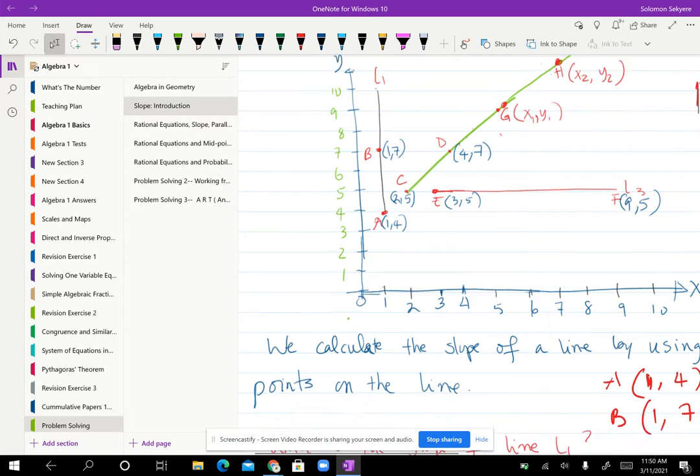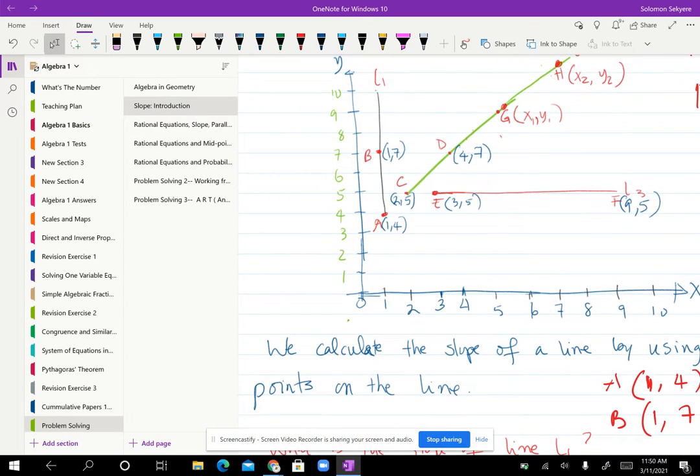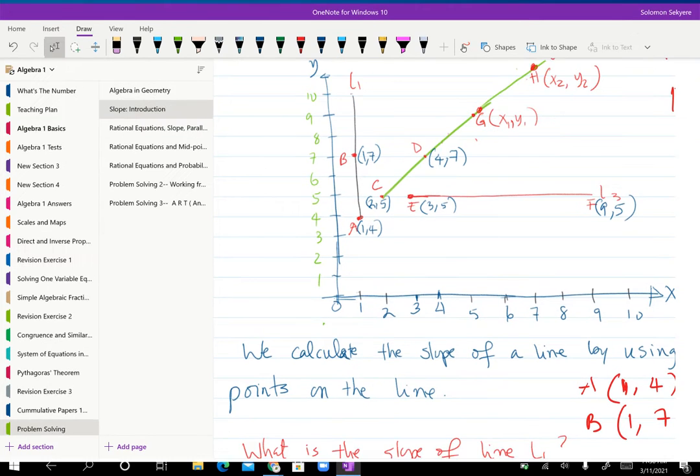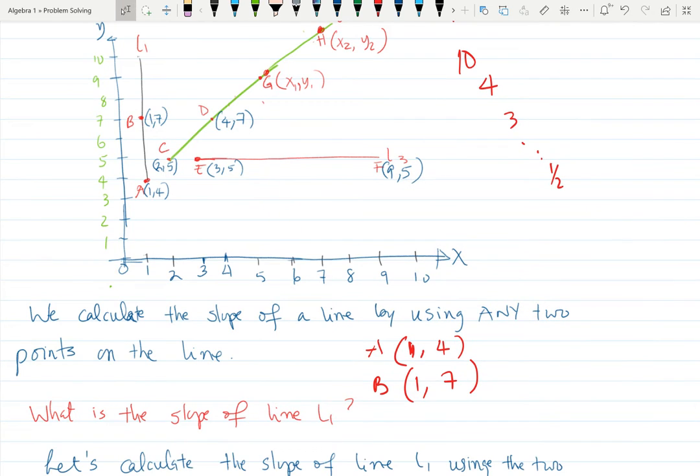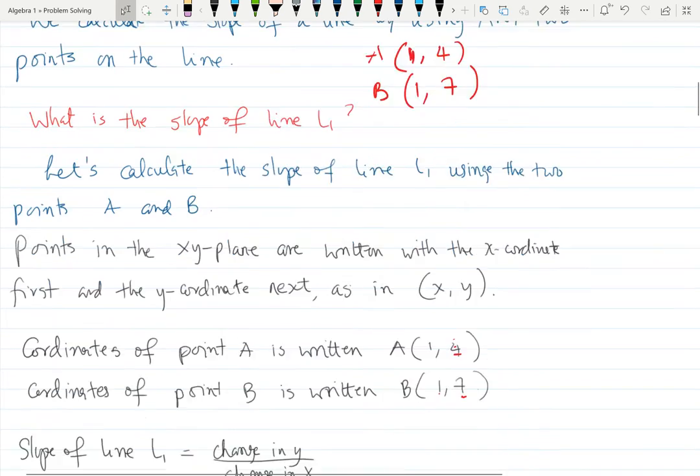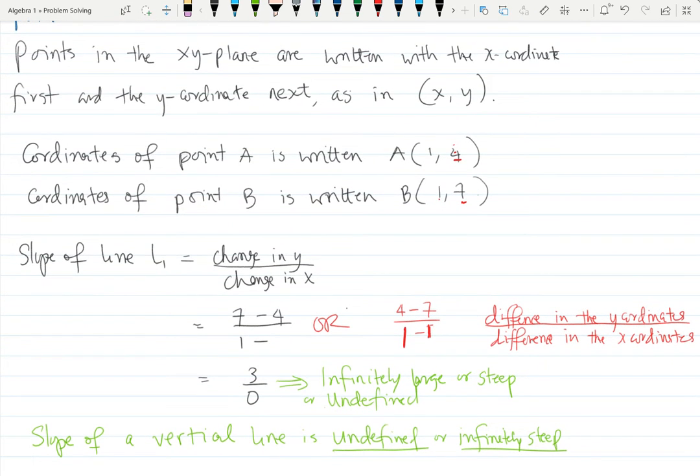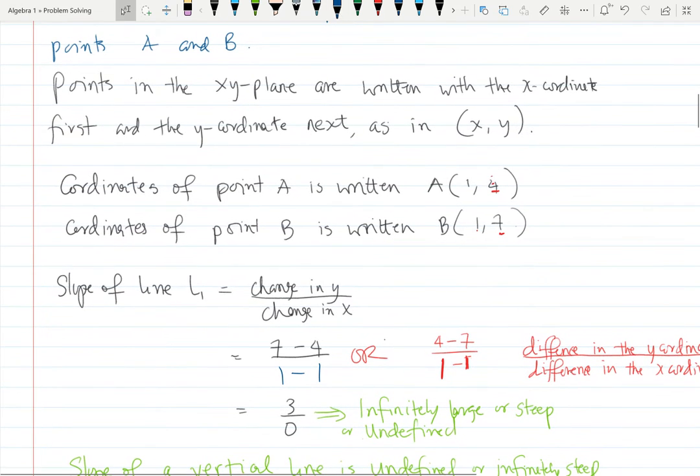For example, let's do the slope of line L1. L1 has coordinates A and B. The X coordinate is written first and the Y coordinate next.